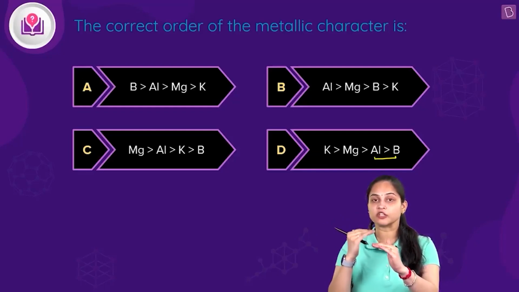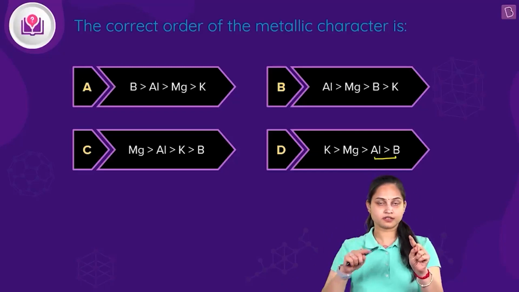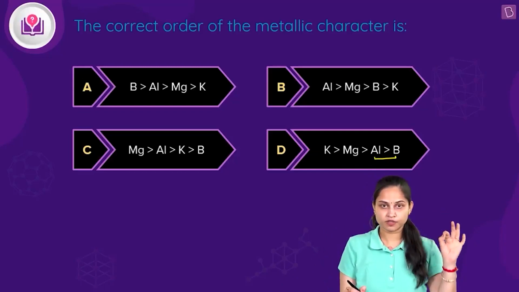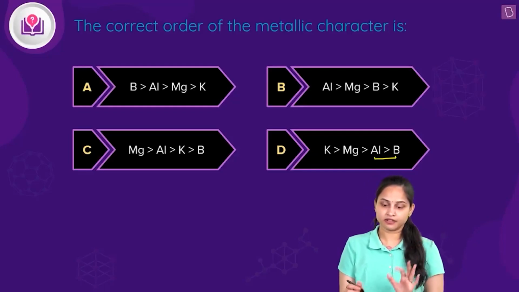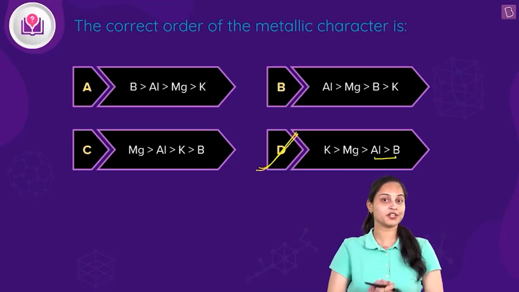The tendency to lose electrons increases, cation forming tendency increases, and metallic character increases. So the metallic character of aluminium is greater than boron. And potassium is the highly electropositive element, so it possesses the highest metallic character. Therefore, option D is absolutely the best suited answer for this question.